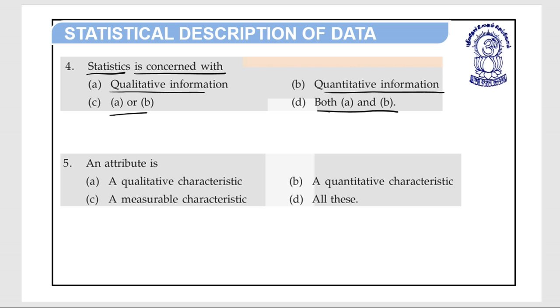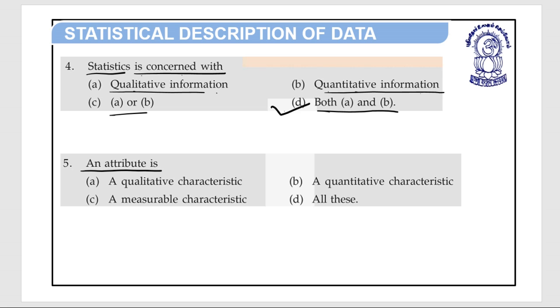Okay, both qualitative and quantitative, not qualitative or quantitative. So here option D is the right answer, both A and B. Statistics is concerned with qualitative information and quantitative information. So option D is the correct answer.